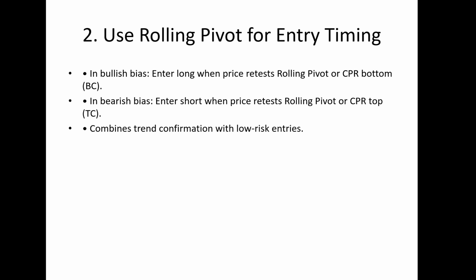So when you see the CPRs, you will get an idea where the market is going to resist, where is the support and resistance. You can make out very, very easily. That is one way of using the CPR.